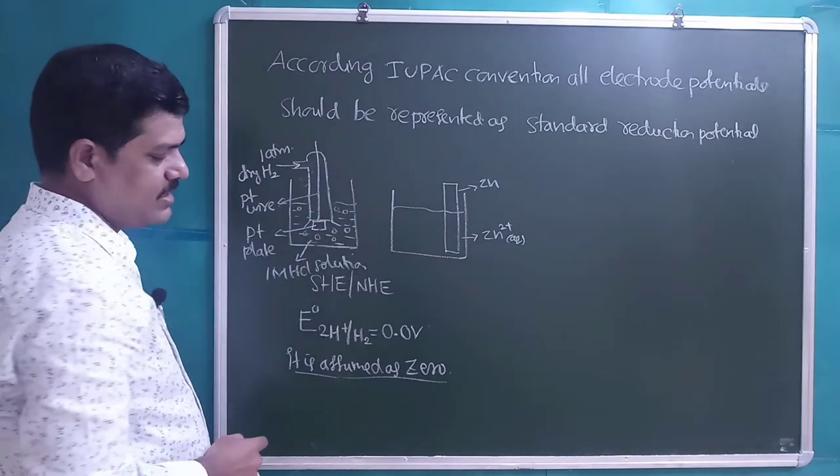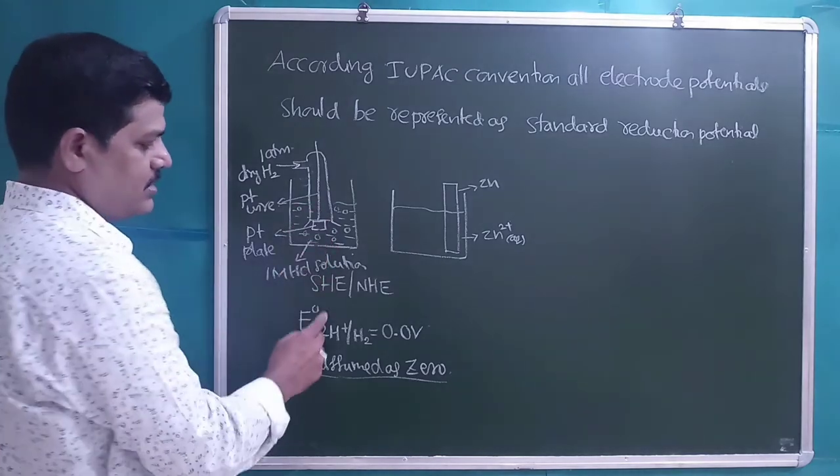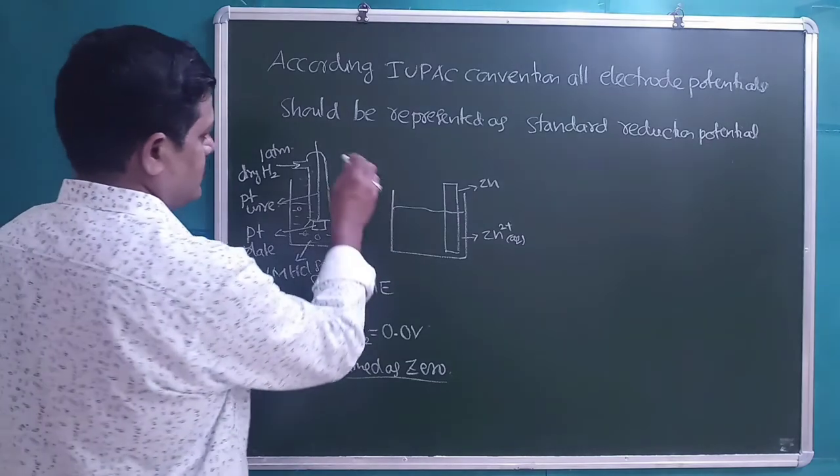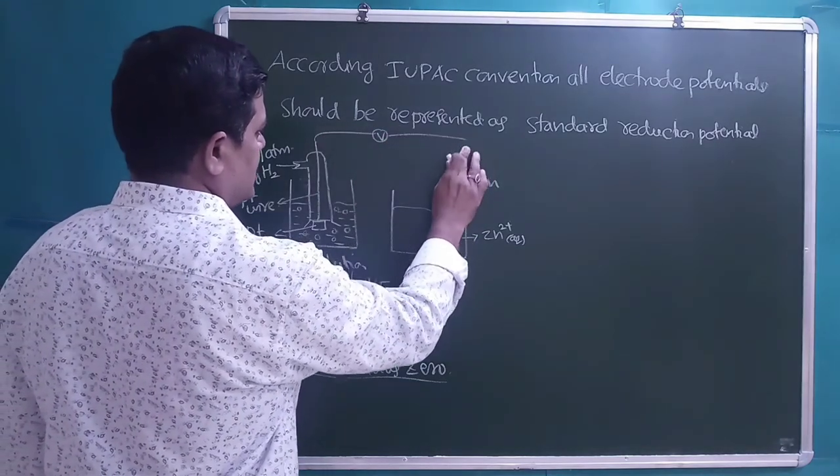So if you want to measure the reduction potential for zinc, it should be coupled with the standard hydrogen electrode.